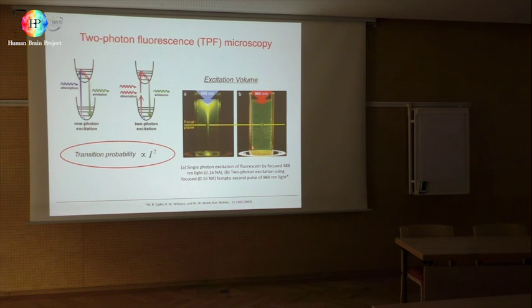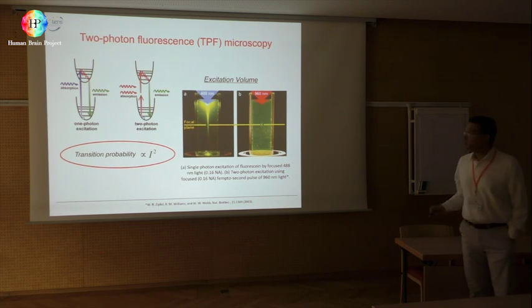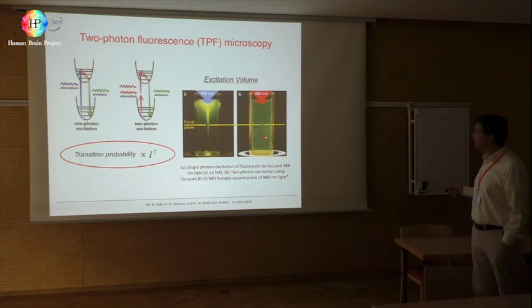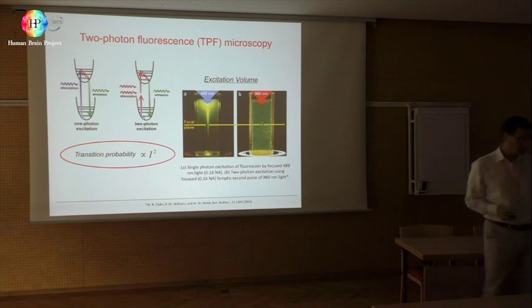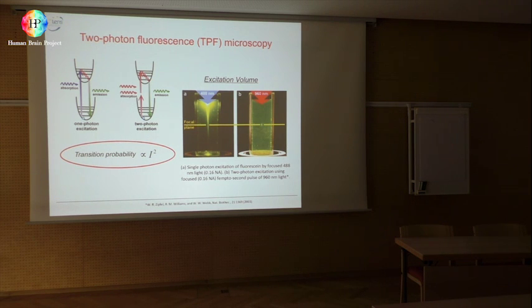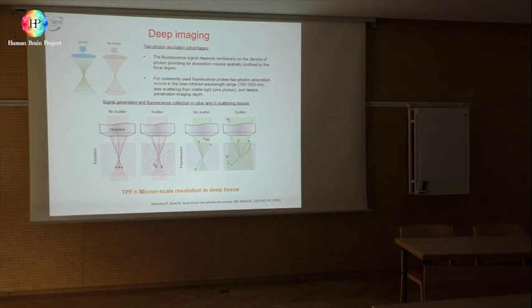So with the two-photon process you only excite this volume, and you do not need to place the optical filter anymore to remove the signal out of the focus, because you do not excite out of the focus in the first place. But then there is another enormous advantage.